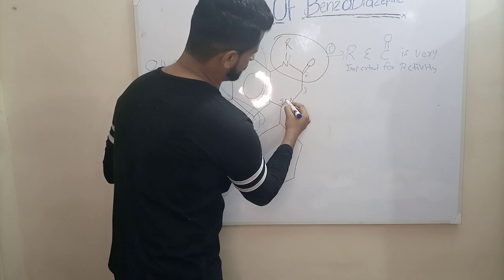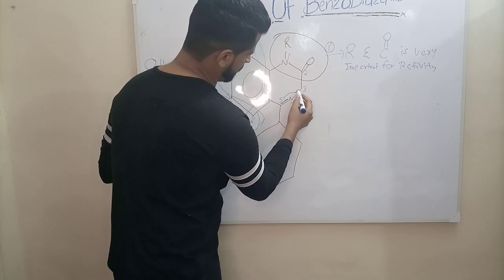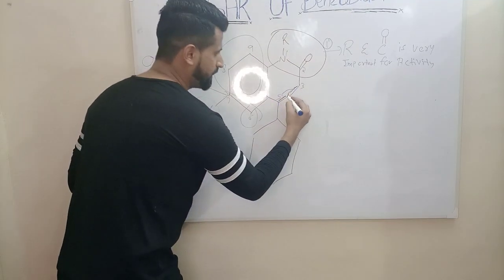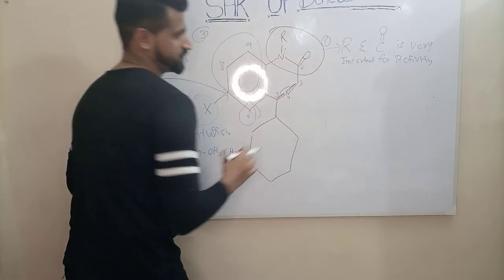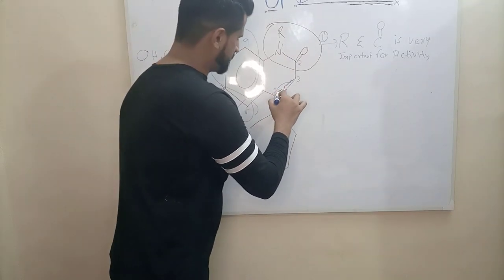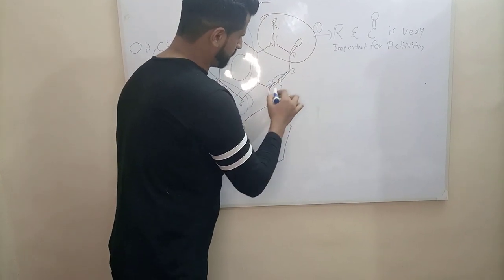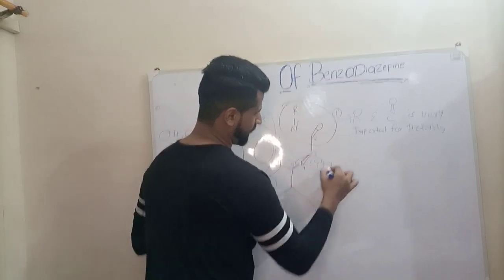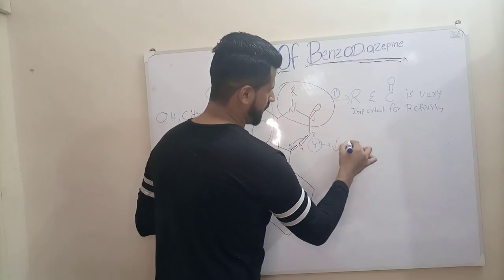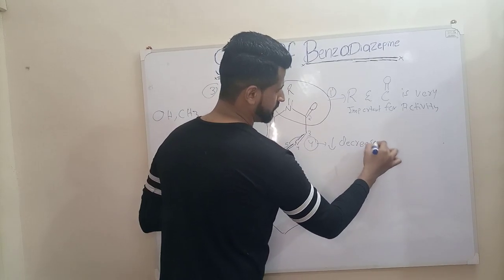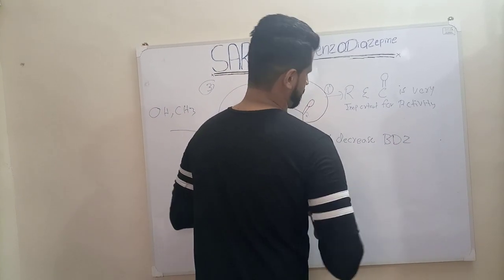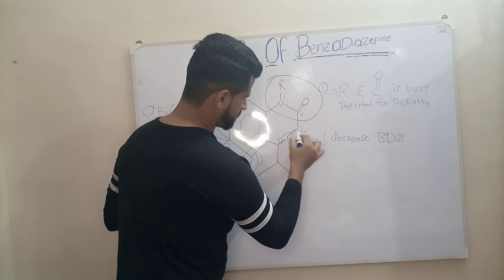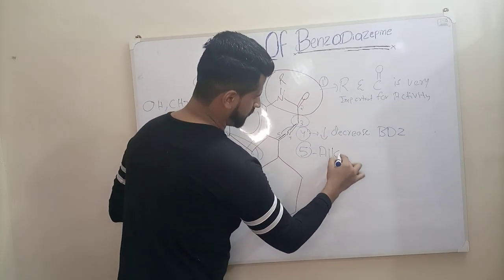If this bond breaks and moves from the 5th and 4th to the 4th and 3rd position, this bond breakage decreases the benzodiazepine activity.